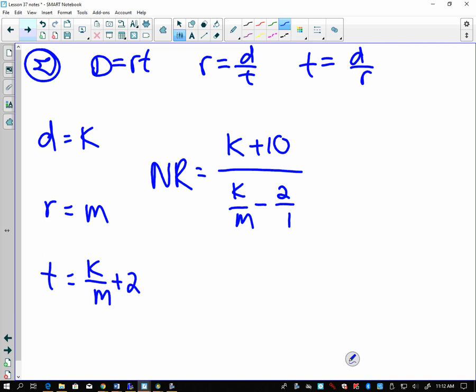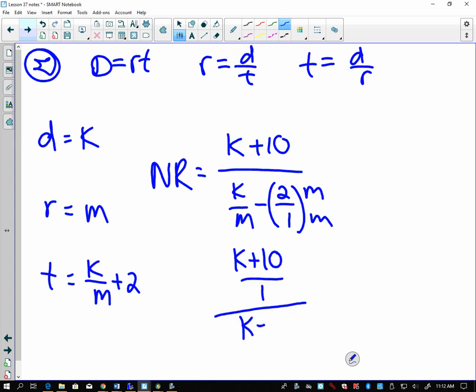And I'm going to put minus 2 over 1 because I'm looking at this and saying to myself, I can simplify that, right? So I need to do what with 2 over 1? Same denominator, which is m, so m over m. So I'm getting k plus 10 over 1 divided by k minus 2m over m.